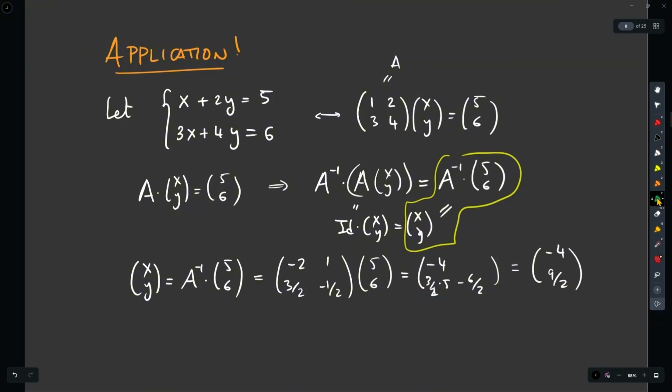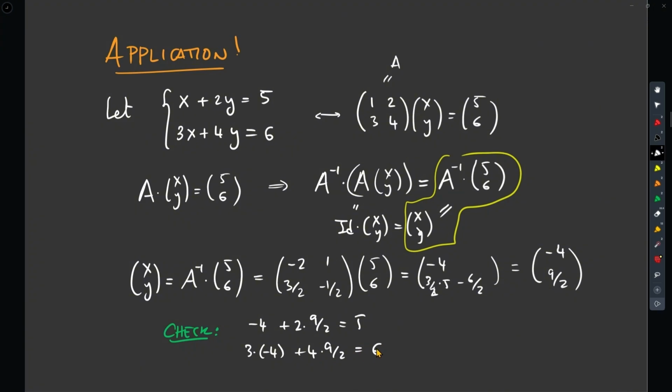Is that true? Let's check that it actually solves our system. Minus 4 plus 2 times 9/2 is 5, and 3 times minus 4 plus 4 times 9/2 is 6. So yes, this is a solution of my system.